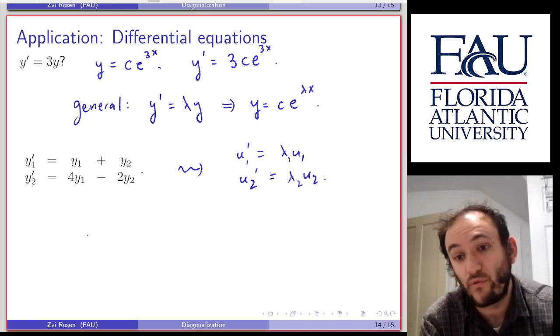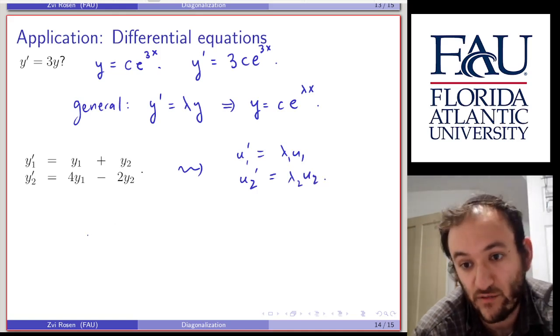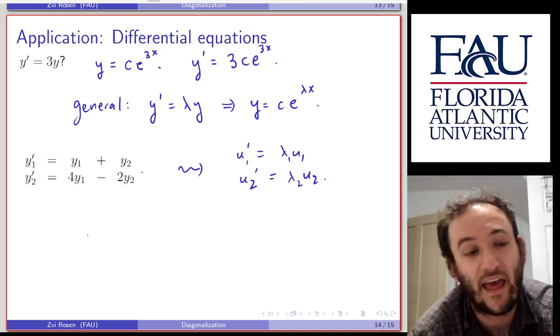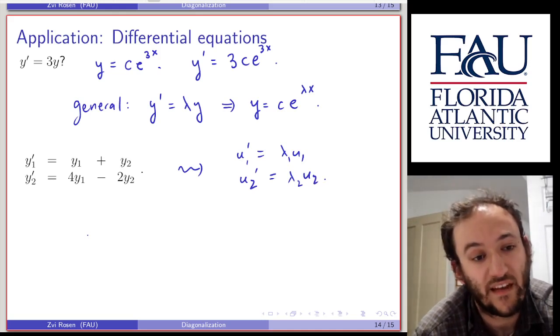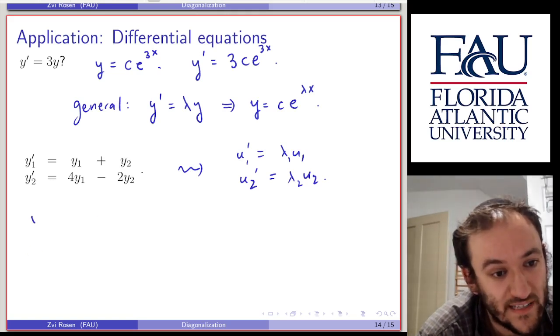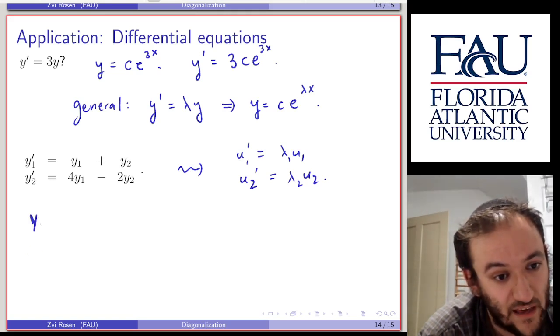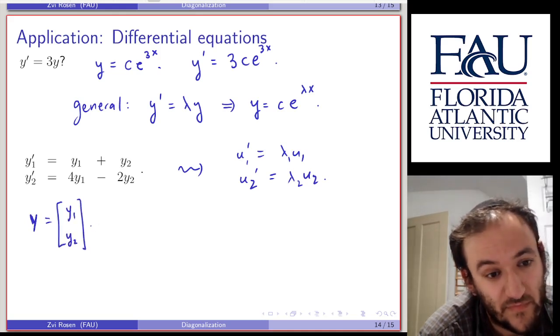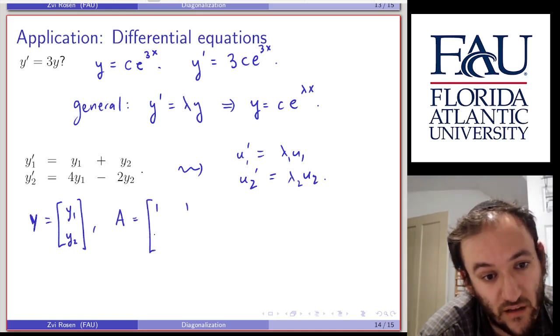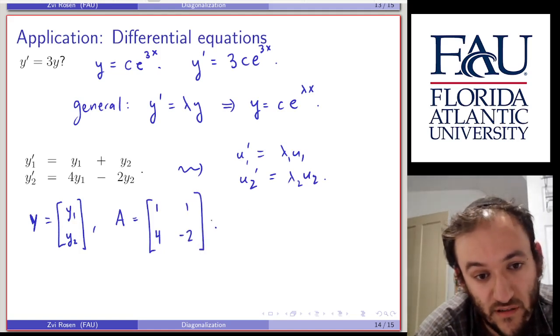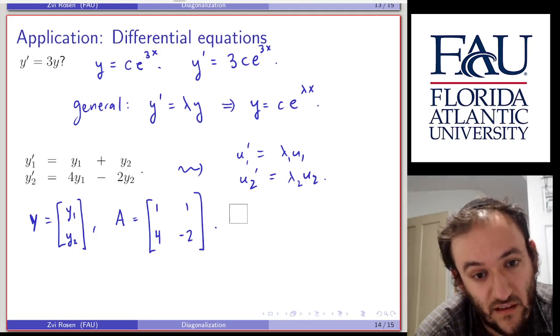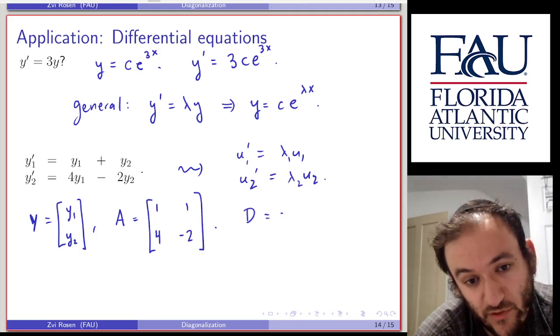Okay? And the way we're going to do that is using linear algebra, turning this into a matrix equation and then diagonalizing. So we're going to declare this bold y to be the vector y1, y2, and we're going to let A be the matrix 1, 1, 4, minus 2, and we're going to declare the letter D to be the differentiation operator.